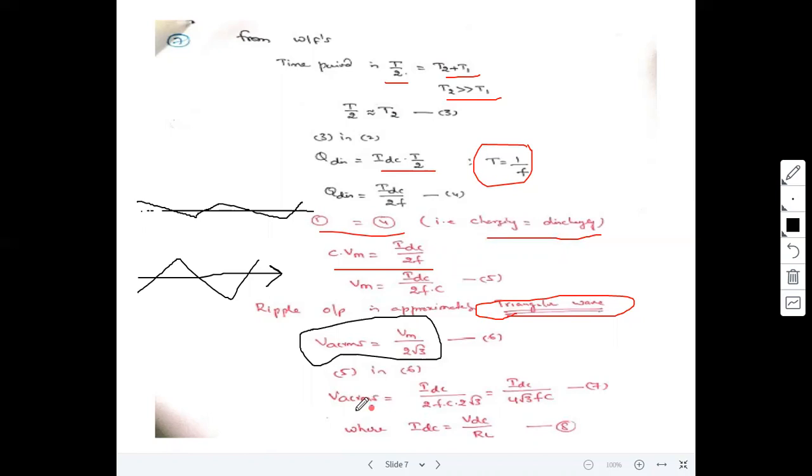Now substitute here: Vrms is equal to IDC by... now equations 5 and 6. What is 5 here? This is 5, IDC by 2F into C. That is equal to IDC by 2F into C by 2 root 3, which is equal to IDC by 4 root 3 into F into C, where IDC is equal to VDC by RL.